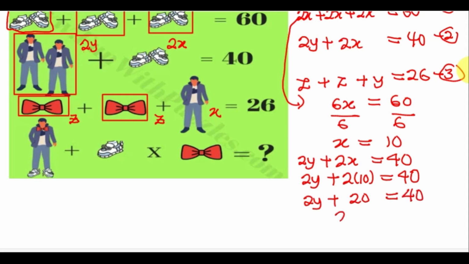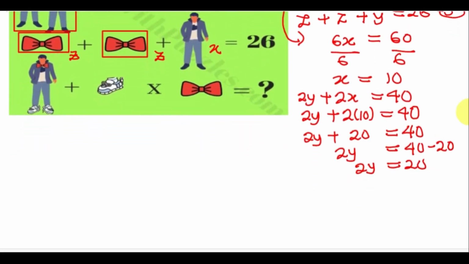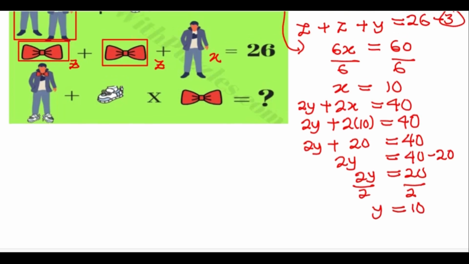So we have 2y equals 40 minus 20, so 2y equals 20. Here we divide both sides by 2, then we get y equals 10. So we have found y, and we have found x.